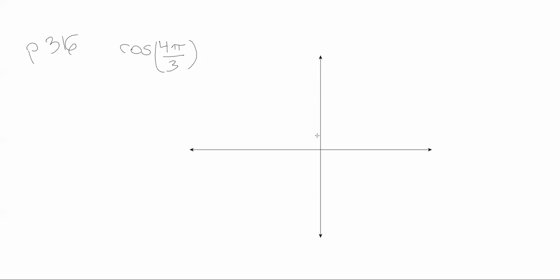The reference angle of 4 pi over 3, well, let's draw it first. So we know 3 pi over 3 is a semicircle. That's just pi, it's just halfway around the unit circle. So that means we're going to go halfway around, and then we're going to add 1 more pi over 3, which takes us right here in quadrant 3.